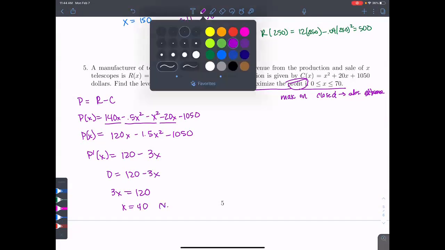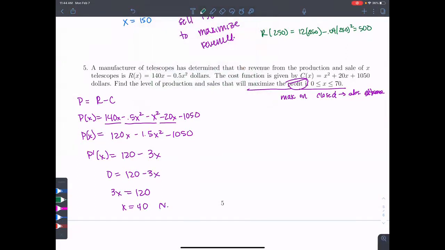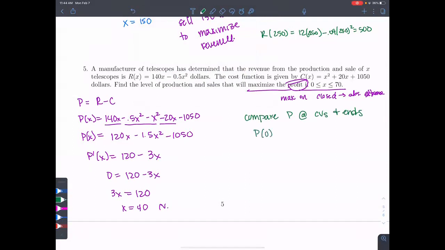So now we're going to look at those with our ends. So compare P at CVs and ends. So we're looking at P of 0, P of 40, and P of 70. Those are our ends that were given to us in the problem.